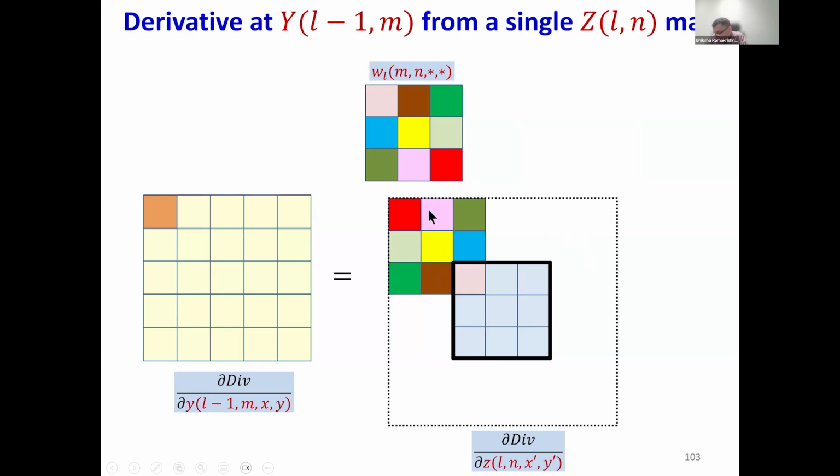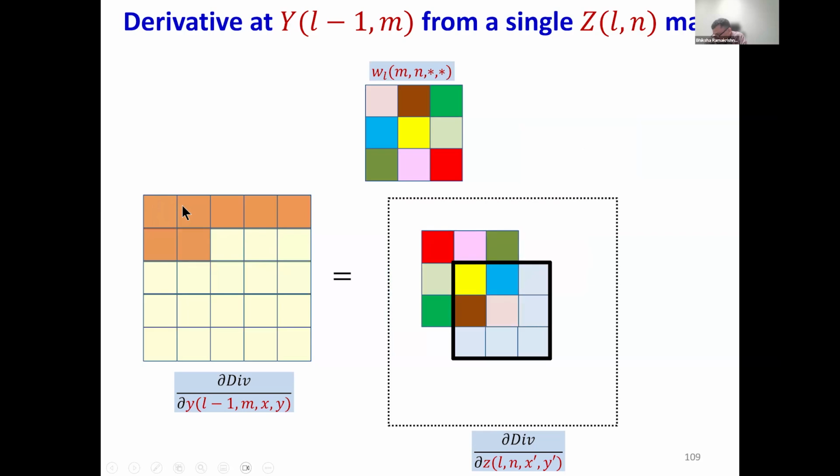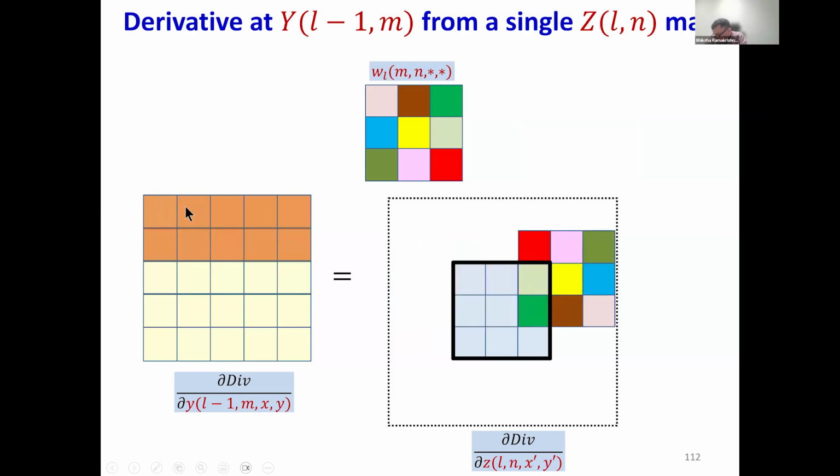And now I can place my flipped filter starting at the 0, 0 position and perform an inner product to compute the derivative at the 0, 0 position over here. And so I can keep sliding forward and computing the inner product. And what does this look like? What is this operation, guys? What is this operation? Anybody?